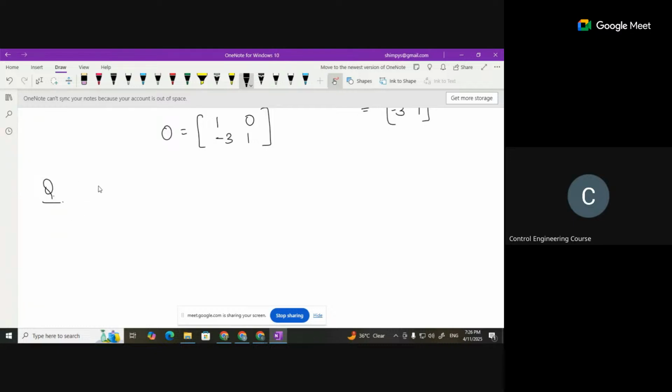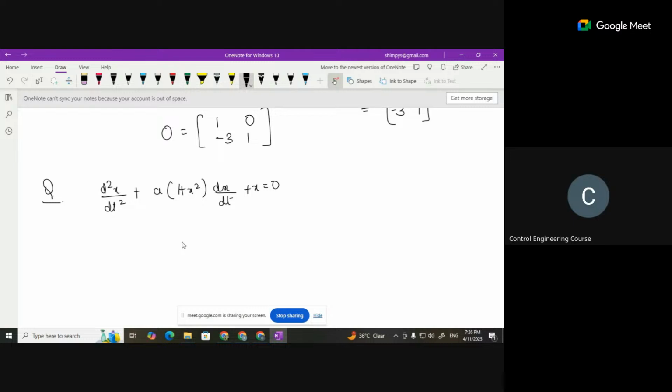A nonlinear system is given as d square x by dt square plus a 1 plus x square dx by dt plus x is equal to 0.